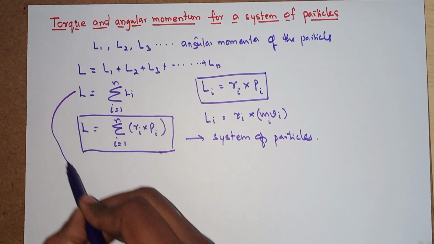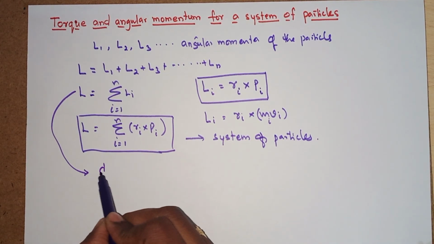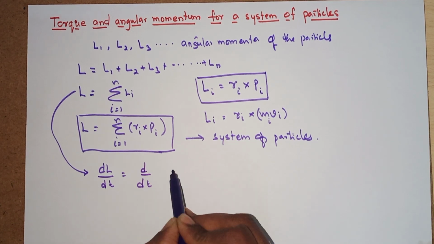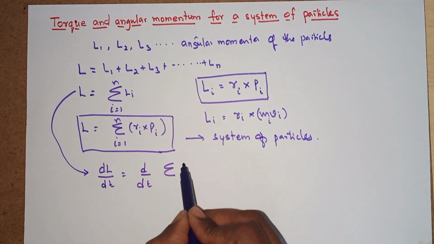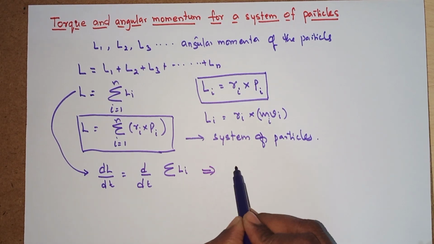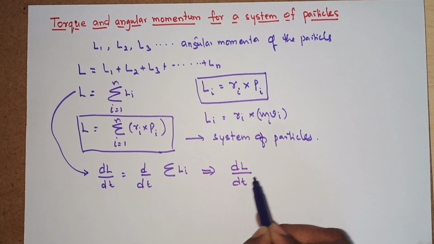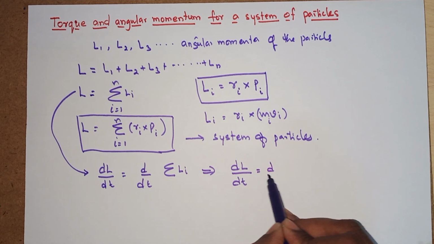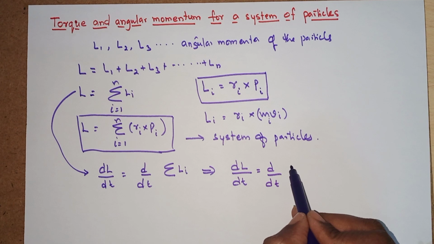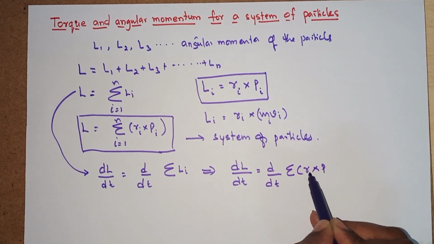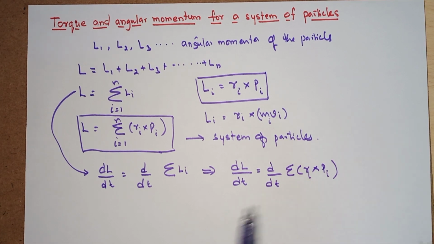Apply differentiation: dL by dt is equal to d by dt of the summation, i equal to 1 to n, of Li. How to write? dL by dt is d by dt of the summation of Ri cross Pi, right?